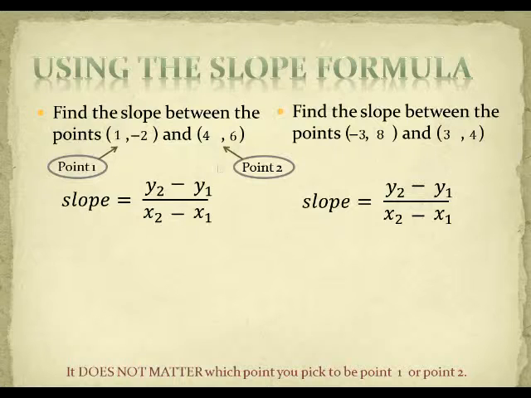All we've got to do is substitute our x and y values. Formula says y2, that's point 2, and the value of y. So y2 is 6. x2 then would be 4. Now we've got to do point 1. y1 is the y value from point 1. That is a -2.